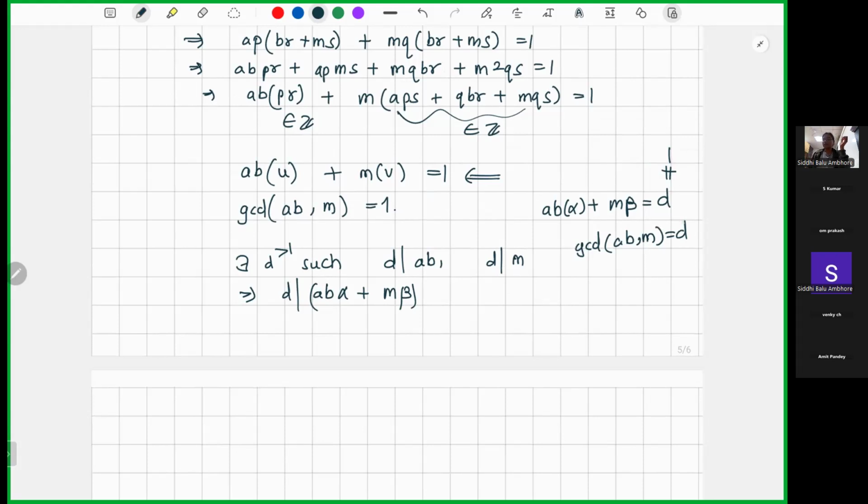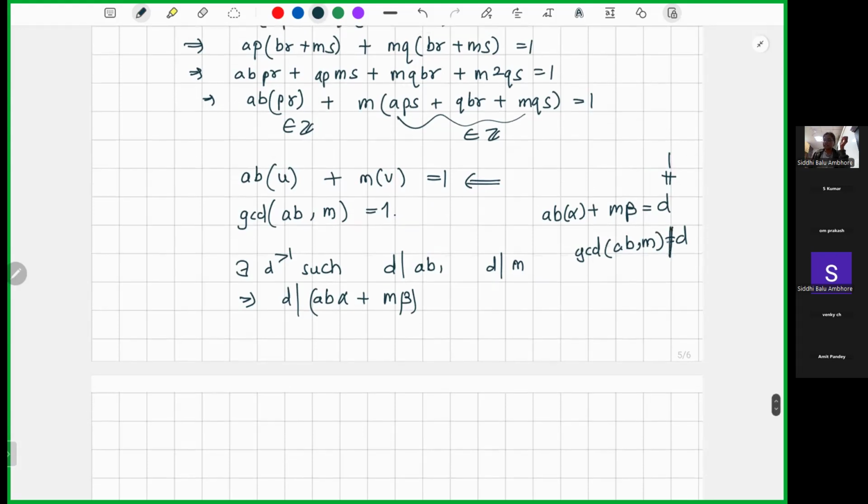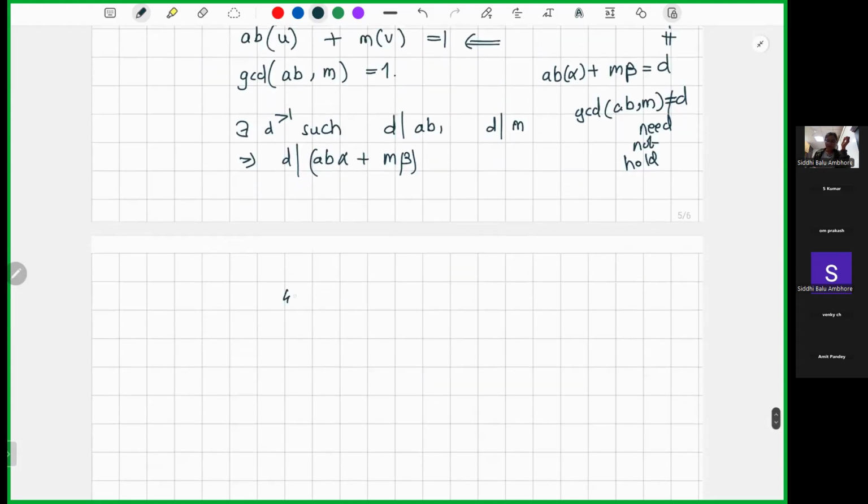If this D was not equal to 1, this need not hold.